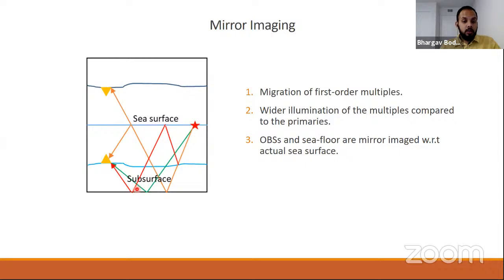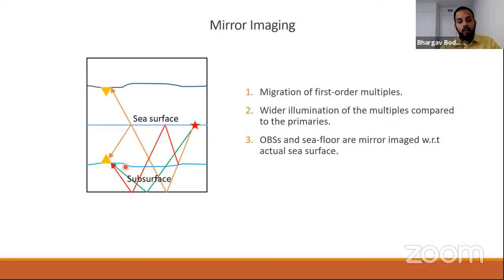One is called the receiver multiple and the other is called the source multiple, because the source multiple bounces off closer to the source, and the receiver multiple bounces off closer to the receiver. These two multiples have a slight difference in time, but depending upon the impedance contrast at the seafloor, one of them is very dominant.